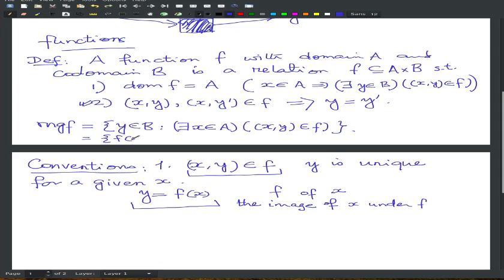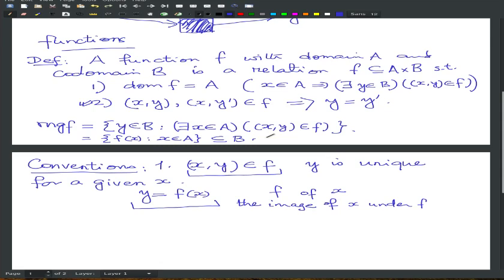It is just the f(x)'s such that x is in A. And this is obviously, as you know from before, a subset of B. Clear?